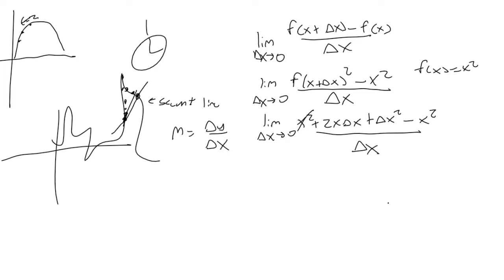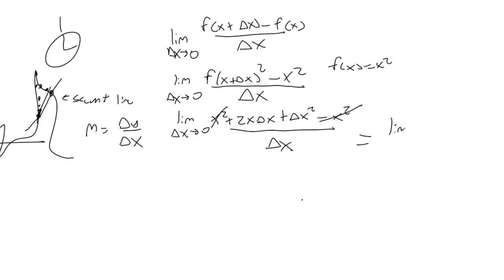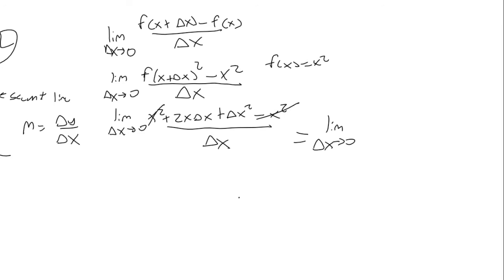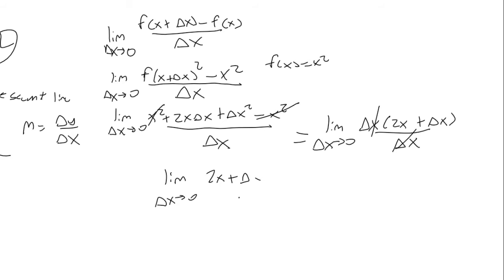And so if we cancel things out here, we get the limit as delta x goes to 0 of delta x times 2x plus delta x, all over delta x. These two cancel out, and so our final limit is delta x approaches 0 of 2x plus delta x. Since this goes to 0, we just have the derivative of x squared becomes 2x.